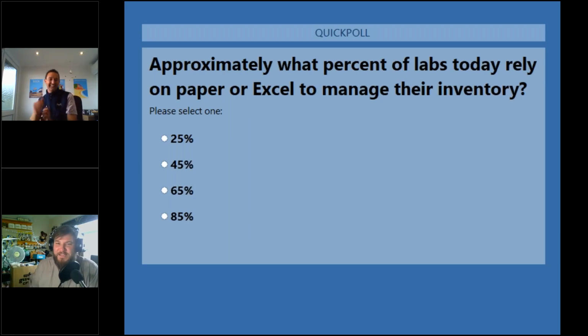Do you think it is a quarter of labs? Is it 45%? Are we over halfway? Is it 65%? Or is it all the way up to 85%? Do the vast majority of labs rely on simple pen and paper or something like Microsoft Excel to manage their lab inventory? We're going to give you a minute or so to vote in this. So let us know what you think as quickly as you can.